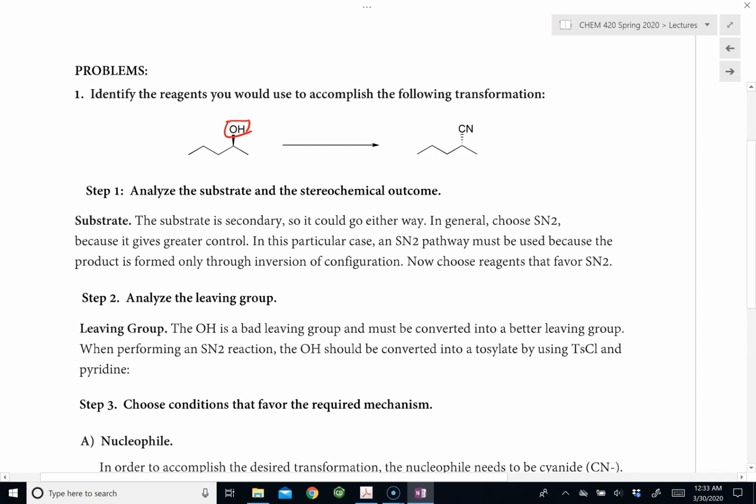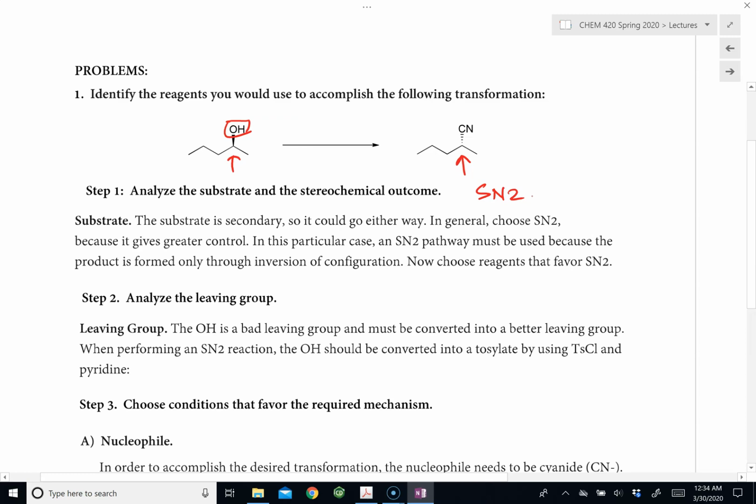So the first step is to analyze the substrate and the stereochemical outcome. In this case, we have one stereochemistry here, and the product has the inverted stereochemical outcome. So we know that this reaction is stereospecific. Thus, we have to do an SN2 reaction in order to make the product that we want.